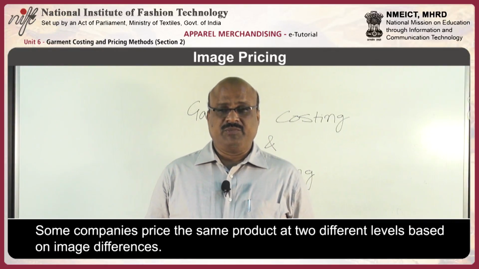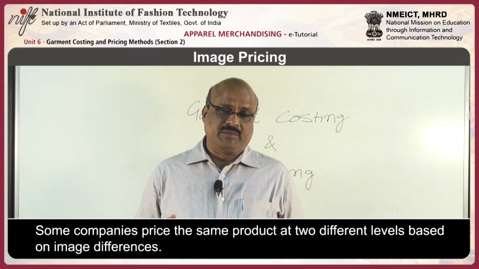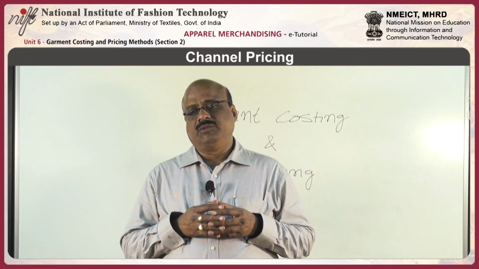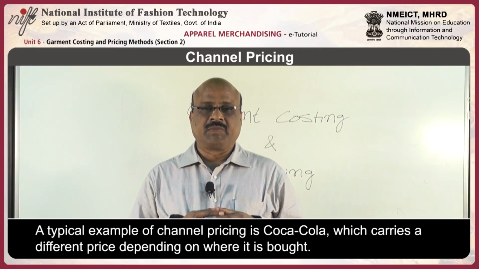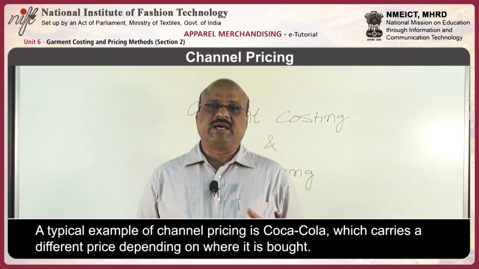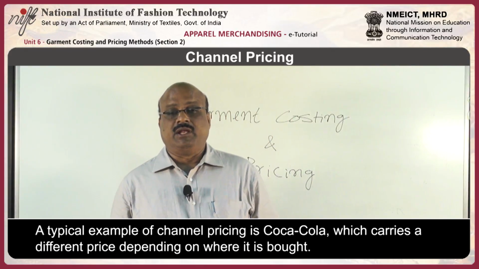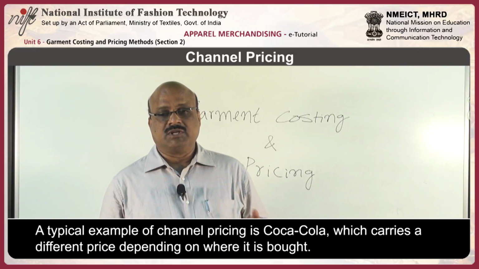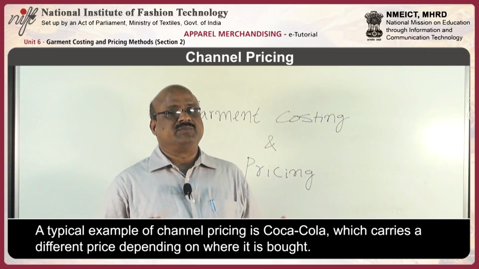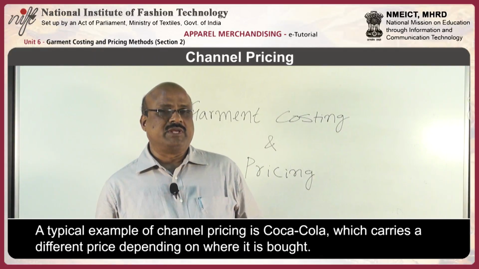It can put the same perfume in another bottle with a different name and image and price it at 200. Similarly, channel pricing. A typical example is Coca-Cola, which carries a different price depending on whether it is purchased in a fine restaurant, a fast food restaurant, or a vending machine. So depending on the channel through which it reaches the customer, the price would vary.